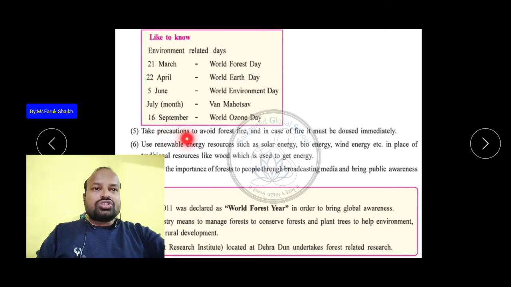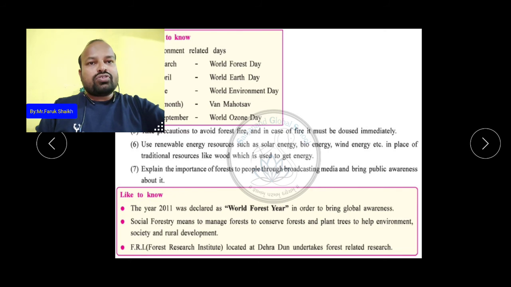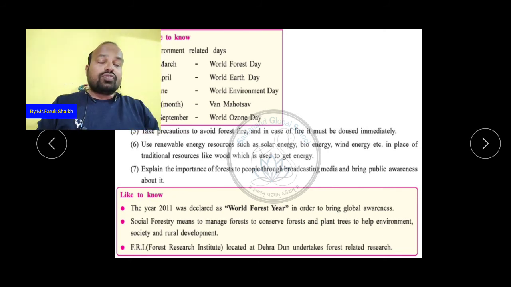Take precautions to avoid forest fire, and in case of fire it must be doused immediately. We also have to take precautions to avoid forest fire, meaning while we are visiting or going for a picnic in the forest, we have to avoid using things which emit fire, like a lighter, matchsticks box, etc. Also we are not to litter there, the plastic papers and other wrappers and all.